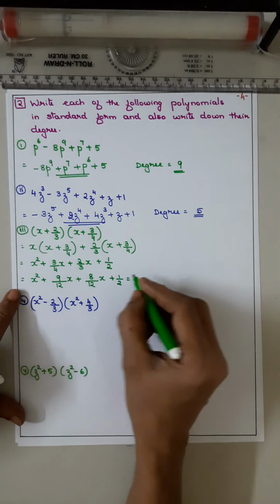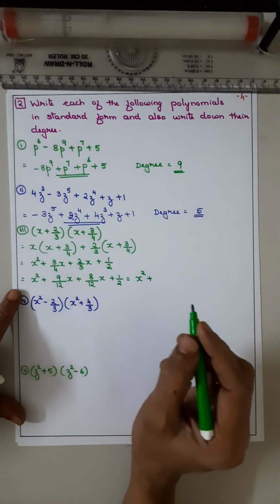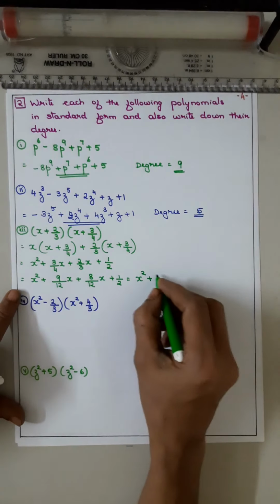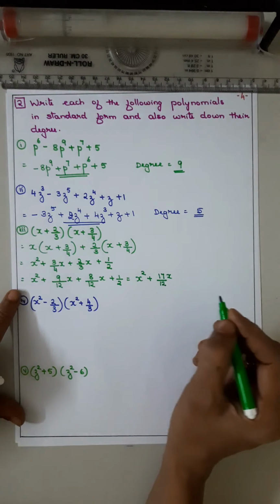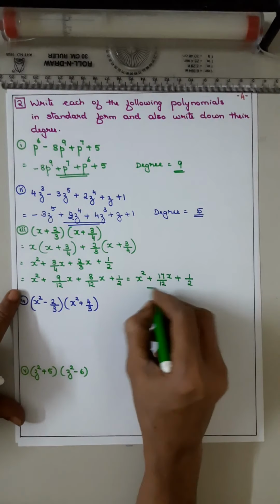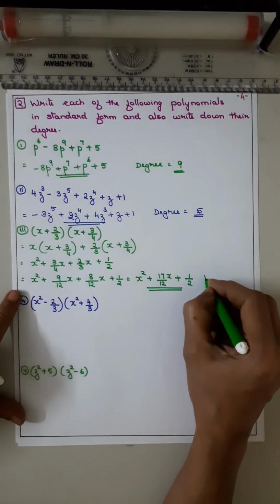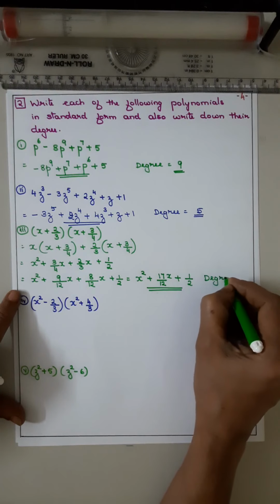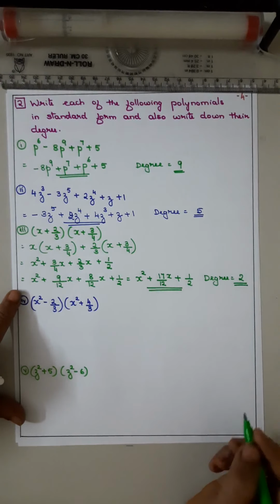That means it became x squared plus 9 plus 8, it is 17 x upon 12 plus 1 by 2. So this is the polynomial, and here degree. What is the highest degree? Highest power, that is 2.